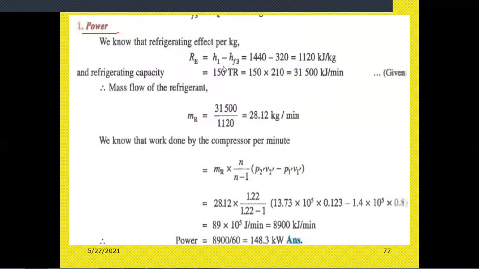And the refrigeration capacity gives the mass flow of refrigerant, mR, equal to this. Now the work done by the compressor per minute is mR into n by n minus 1 into P2 V2 minus P1 V1, that is equal to, apply the values directly and get the value. Therefore the power P is equal to 800 divided by 60, that is equal to 14.18. Understood?